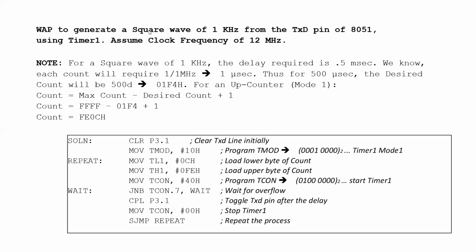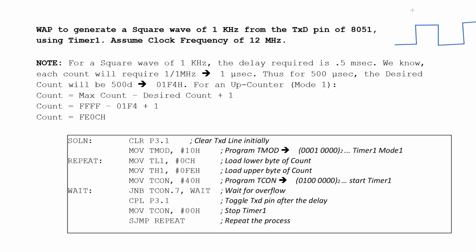To generate a square wave means we have a high and a low, and this is what we call a square wave. This should be generated by using the delay of the timer.